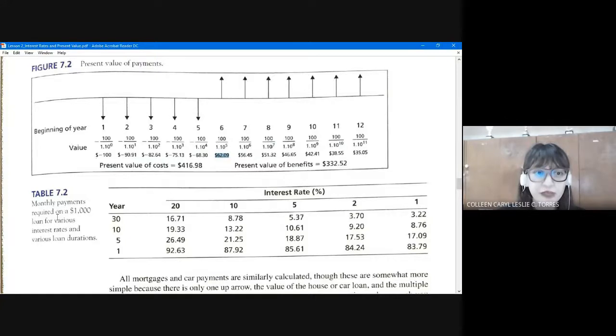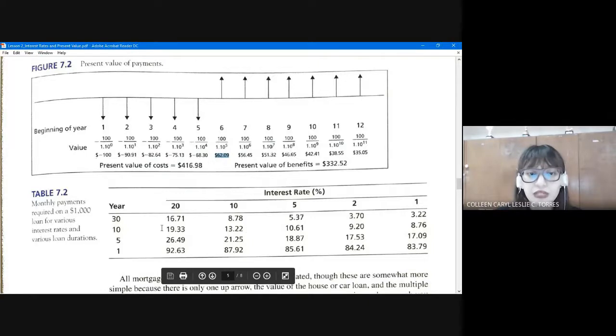Monthly payments required on a $1,000 loan. So $1,000 is actually equal to 50,000 pesos. So the monthly payments on a 50,000 peso loan for various interest rates would be that for 5% interest rate, 2%, 1%, 10%, or 20% interest rate.